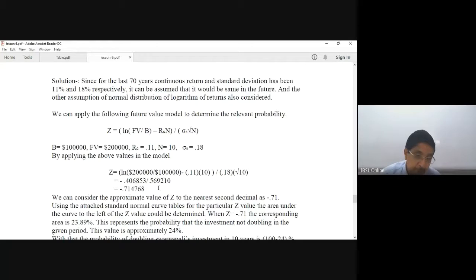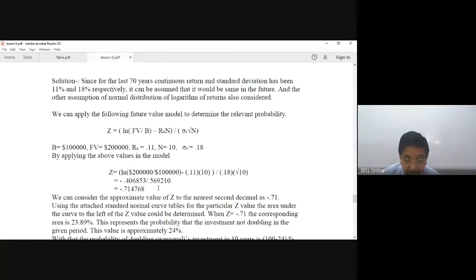And since the availability of these values in the table, because when you have a Z value, the meaning is we have to look for a table to see the applicable area under the curve to the left of the Z value.